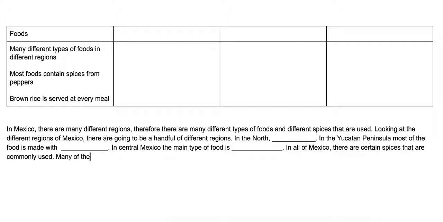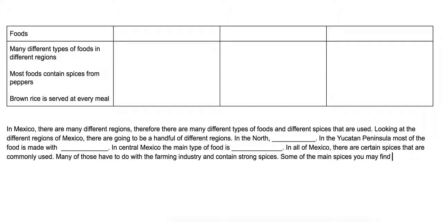Many of those have to do with the farming industry and contain strong spices. Some of the main spices you may find in food evolve around the pepper. And I would go on, so on and so forth.